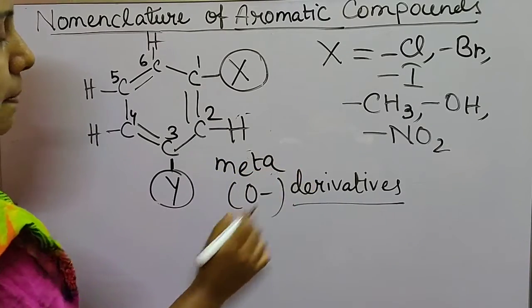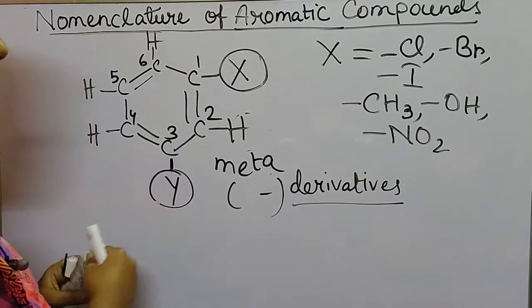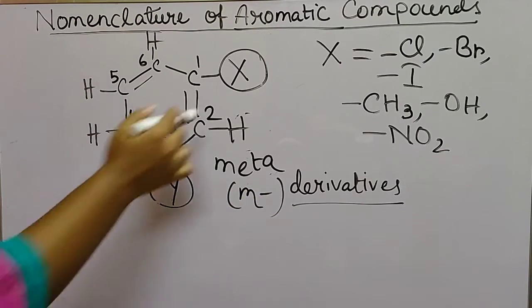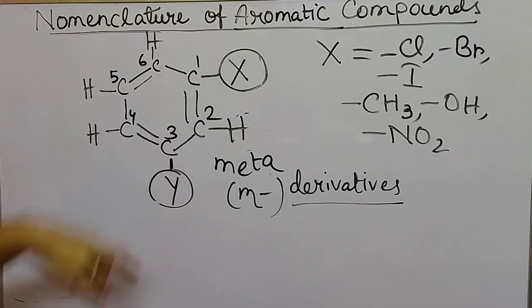It is denoted in short form by M. When the two substituents are present not in adjacent positions but just one carbon away, this is called a meta derivative.